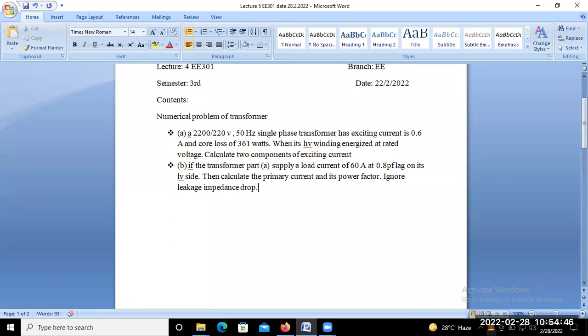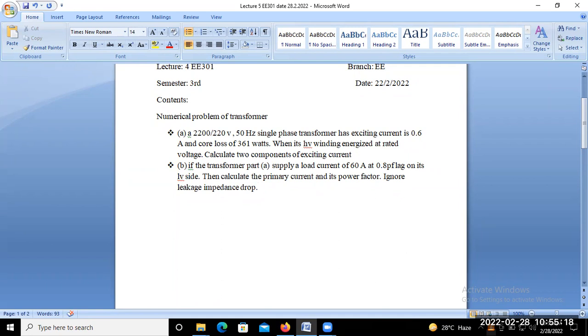So again, go through this one and note down which parameters are given in the problem and which parameters you are required to find out. Just go through the statement and explain how we can find out. Is the problem clear to all of you? Yes, sir.